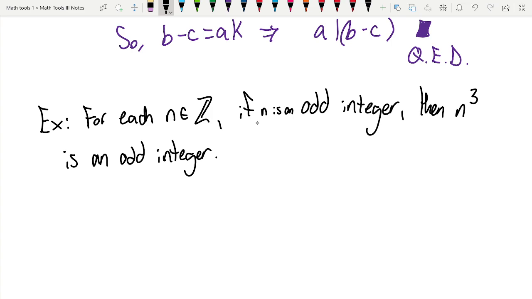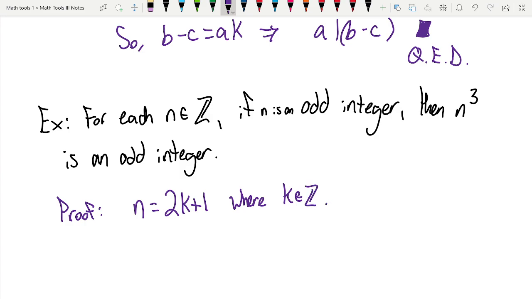So we're starting with the statement that n is an odd integer. So this is where that formulation of odd numbers comes into play, right? So n is equal to some 2k plus 1 or minus 1, it doesn't matter. And then you should put a qualifier on k, which is that k is an integer.